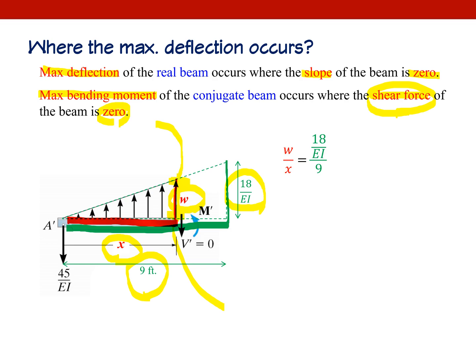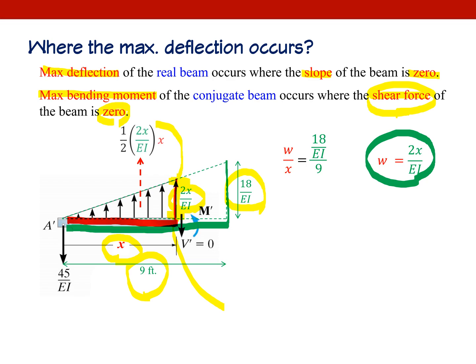We have similar triangles, so omega is this. Okay, now the resultant of that triangular load included in x will be 1/2 times height, 2x over EI, times x, and half of it, since it is a triangle.